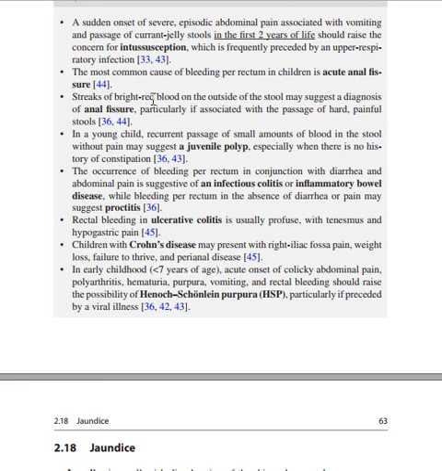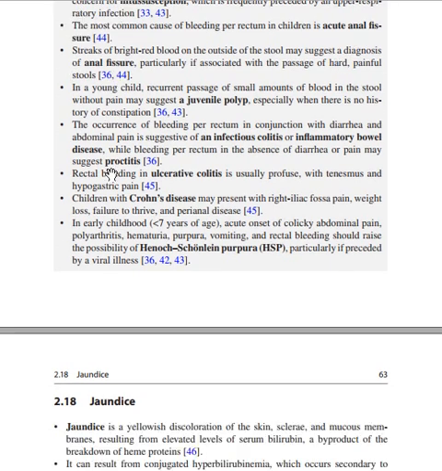A streak of bright red blood on the outside of the stools may suggest a diagnosis of anal fissure, particularly if associated with passage of hard, painful stools.